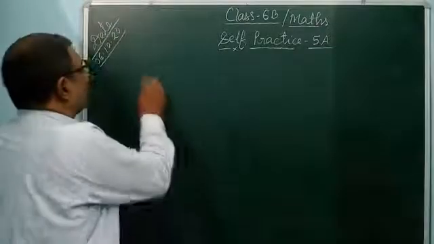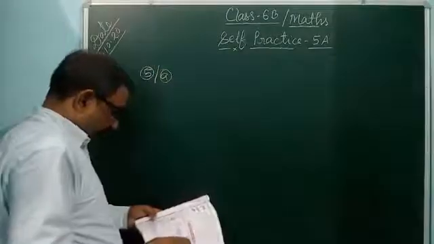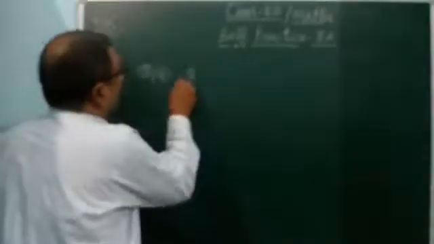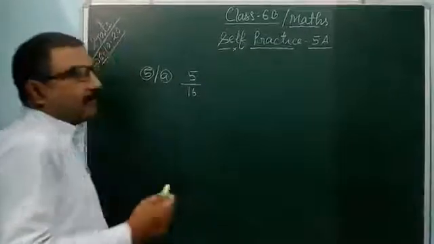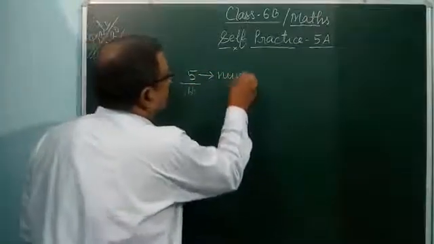I am writing here 5 by 16. You can write numerator and denominator. So 5 is the numerator and 16 is the denominator. Like that you can write.